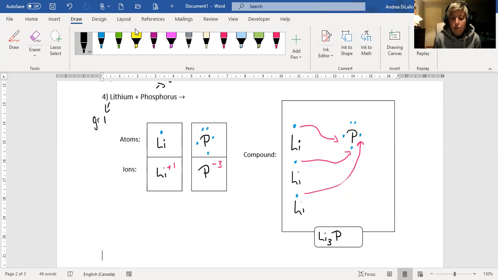I have 3 lithiums that each gave up 1 electron. Where did those electrons go? To the phosphorus. So my compound is neutral overall because the electrons from one went to the other. So lithium phosphide.